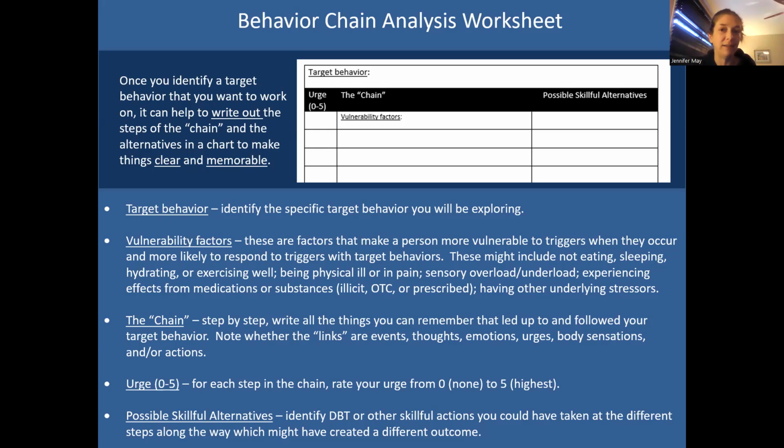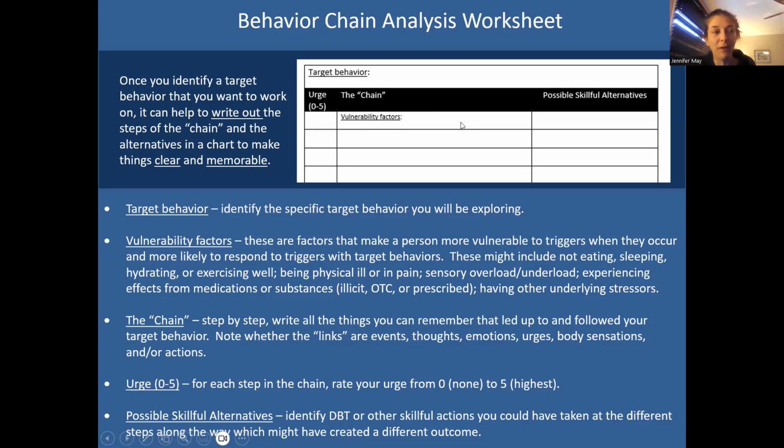If you're experiencing any side effects or effects from medications or substances, whether they're over the counter or illegal or prescribed, you still could have certain physical effects from it that can make you more vulnerable. And even having other underlying stressors in your life puts you at a more vulnerable state. So if something were to happen, it pushes you over the edge, like the straw that broke the camel's back. Okay, so identifying some of those first is important.